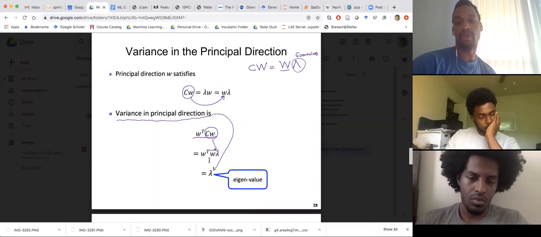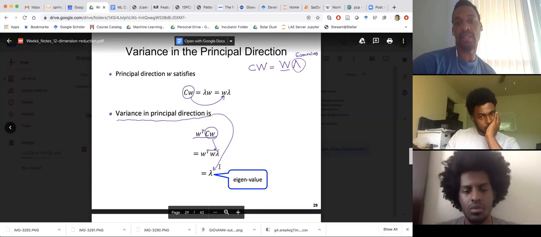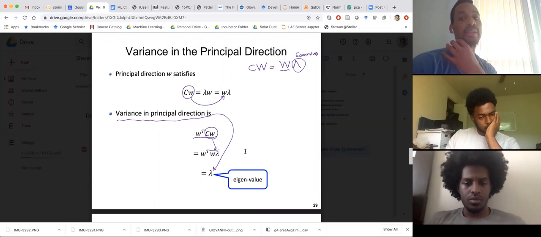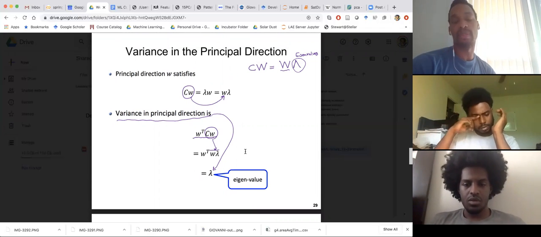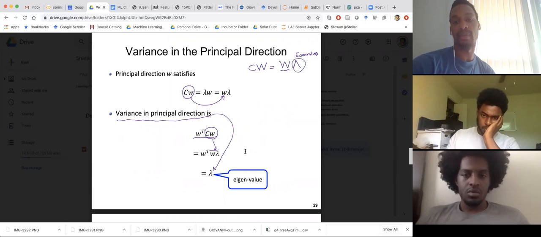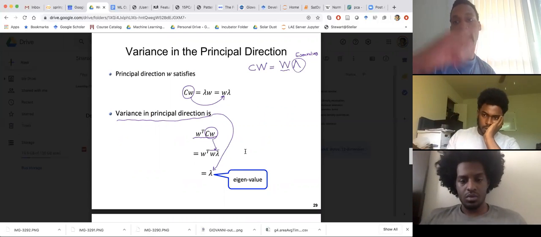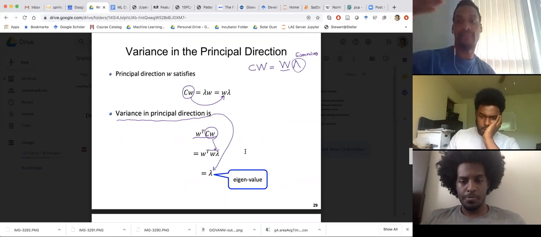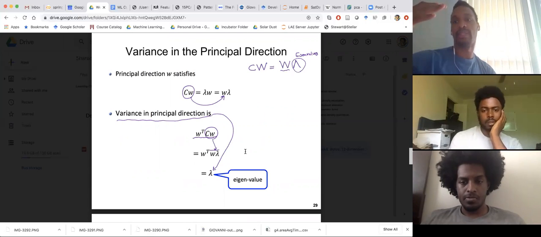And we know that the norm of W, which is equal to W transpose W, is 1. That tells you that W transpose C W is equal to lambda. And so the value of lambda that's going to maximize the function we originally started with has to be the highest value of lambda that we find. Right.